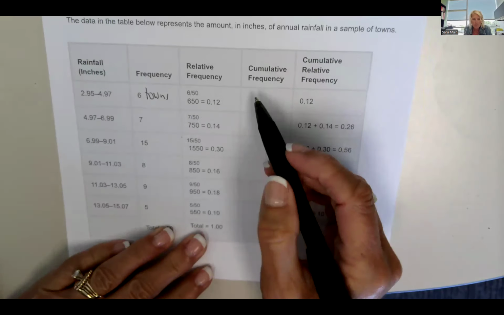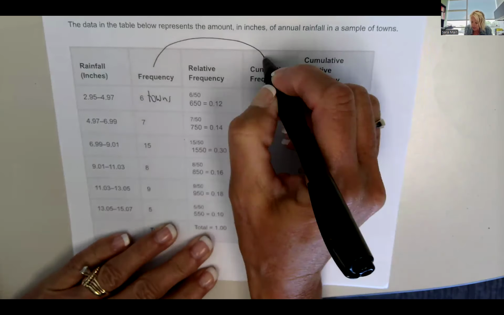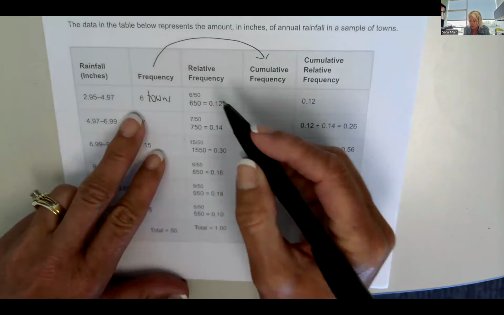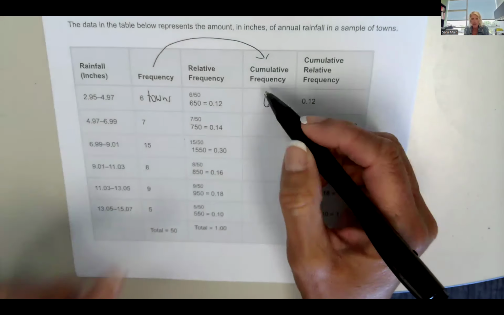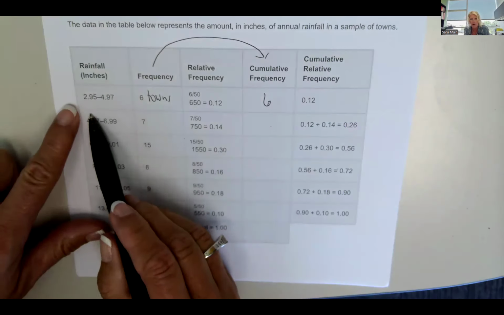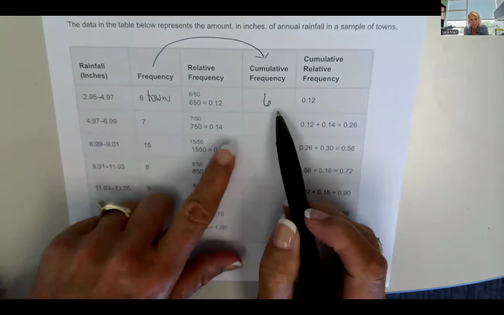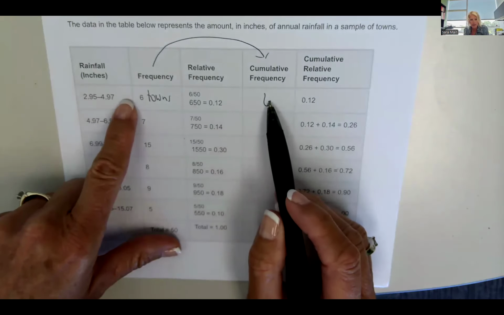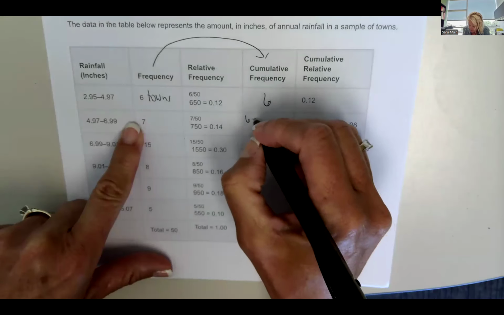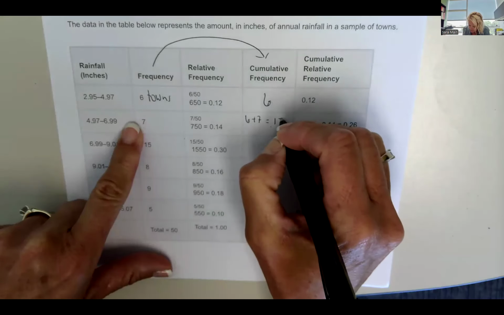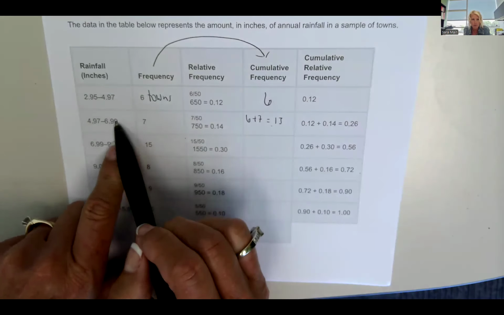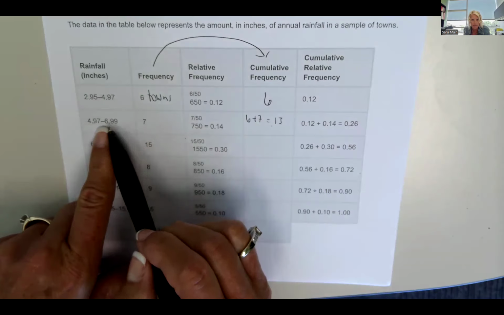The cumulative frequency is accumulating the frequency. I'm just starting with what I had, 6, and then I'm adding to the next one. So the cumulative frequency is adding from the beginning up to and through that category. We started with 6 towns, and now there are 6 plus 7, or 13 towns that have rainfall from 2.95 all the way through 6.99.